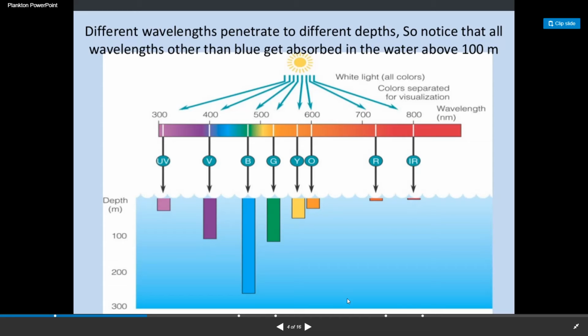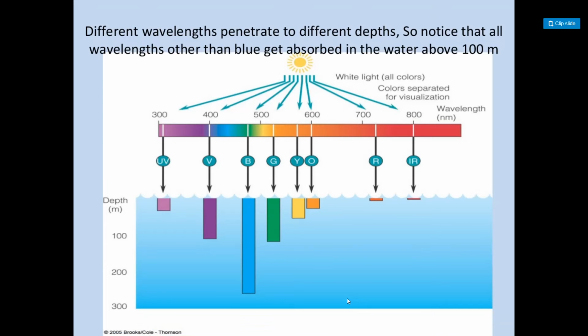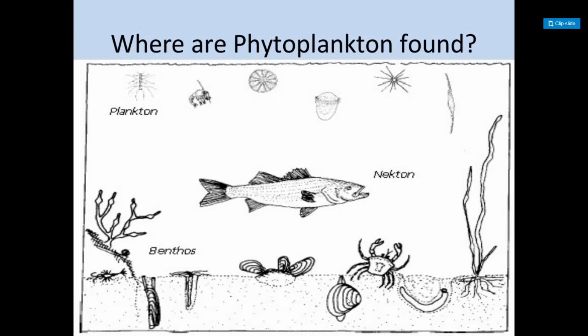As you go further down, you start to lose the colors. I've got a video on this that shows somebody dropping down a color chart, and the deeper they go, the colors start to disappear till it all looks to be these shades of gray and blue. And we'll see that next semester or later this semester, whenever I decide to have that lesson.